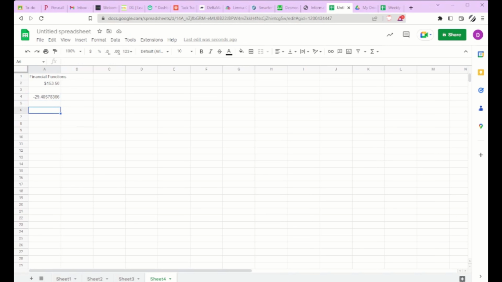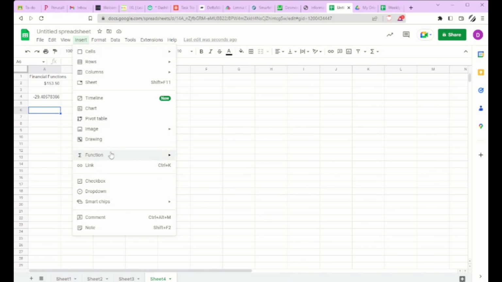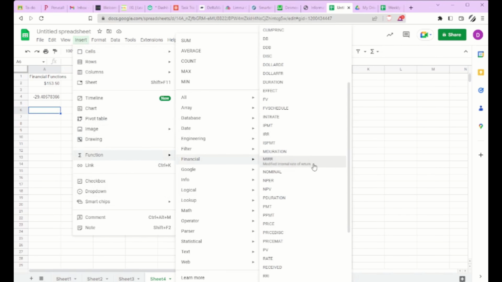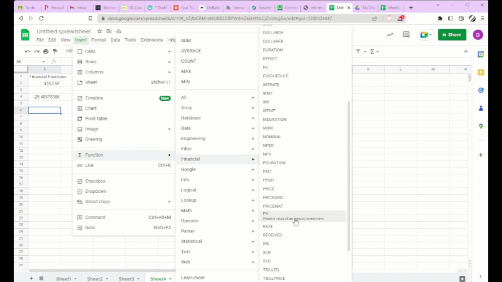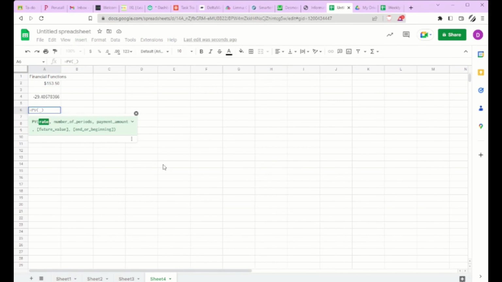If we are looking to solve for other variables, we can look at PV for the present value of an annuity investment. So let's say we have that same 3.5% interest rate over 10 years.